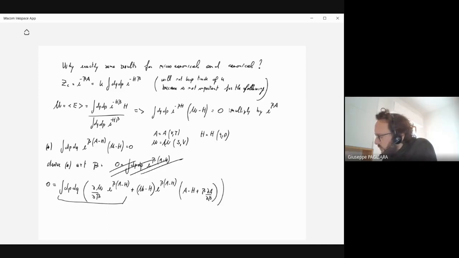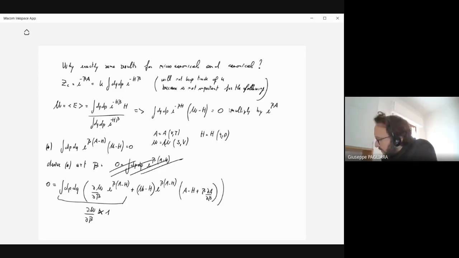Here you have the u d beta, which can be put outside of the integral because it's a quantity that does not depend on the microscopic variables. Then I have this times 1, because the integral dp dq of e to beta (a minus h) is equal to 1. So I just have this term here.